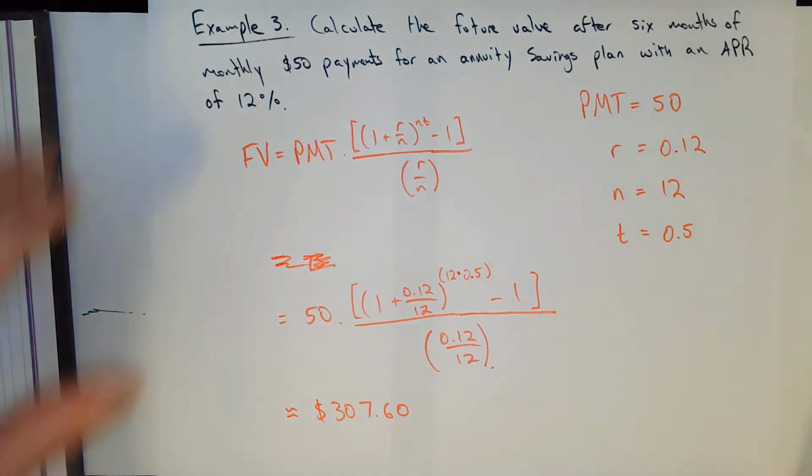Example 4 is pretty much another routine calculation, so I'm going to skip that and look at these interesting few paragraphs between page 490 and 491. So we have 2 different investment strategies here.